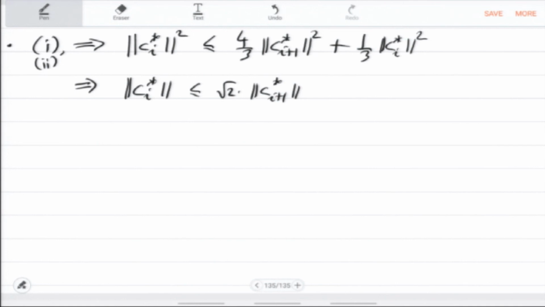So kind of order is being maintained by this, and the impact of this is when you repeatedly do this, what you get is that C1 star is less than or equal to square root 2 times C2 star, then square root 2 squared, and so on. As you increase i, you will get this ultimately.